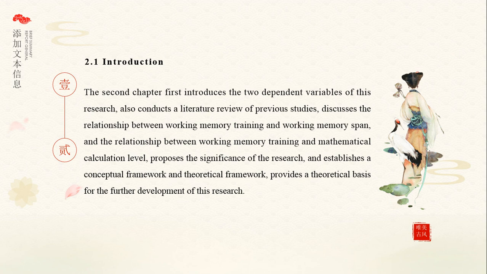The second chapter first introduces the two dependent variables of this research, also conducts a literature review of previous studies, discusses the relationship between working memory training and working memory span, and the relationship between working memory training and mathematical conclusion level, proposes the significance of this research, and establishes a conceptual framework and theoretical framework, which provide a theoretical basis for the further development of this research.